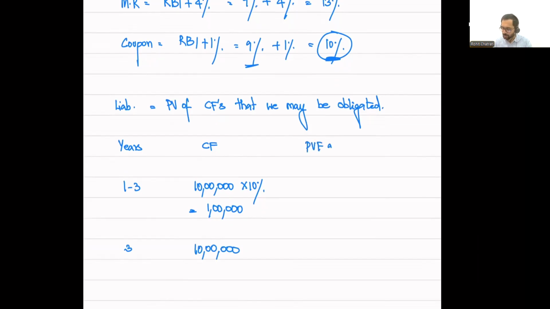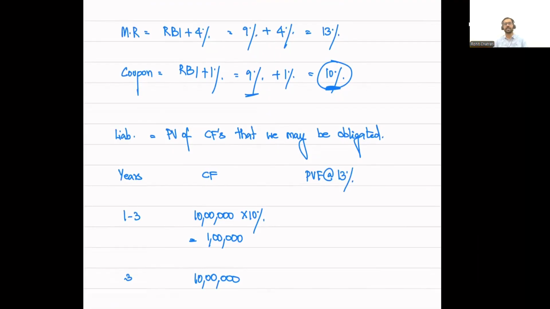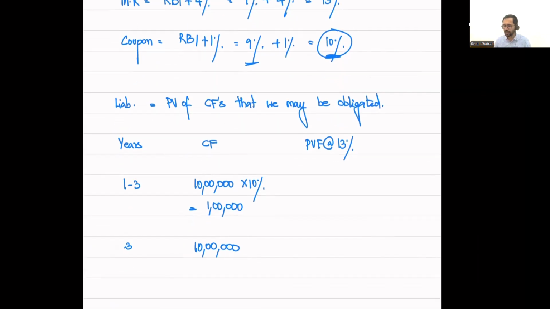The discount rate is going to be equal to 13 percentage. The market rate of interest is 13 percentage, so the discount rate will be 13 percentage. Let us quickly calculate the present value factors. The annuity factor is 2.3594 for the first 3 years and 0.6931 for the third year.